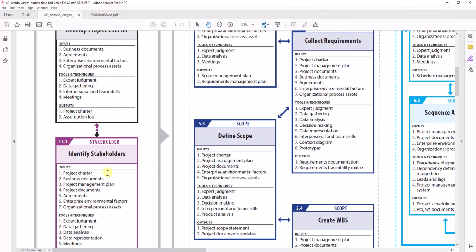But even without a trigger, it is a project manager's job to continuously look at stakeholders, because if you don't know whom to talk to about anything, you will not talk to those people and you will not get the answers. So even this expert judgment comes from having understood who your stakeholders are.